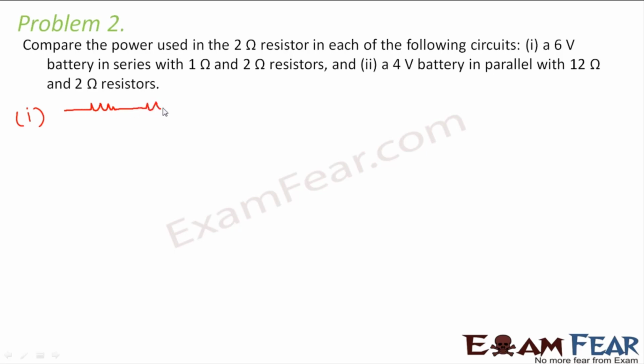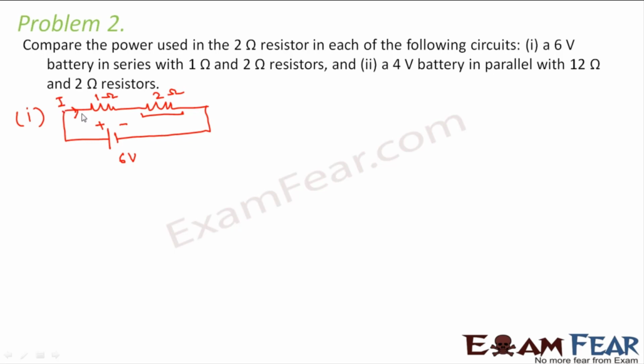So you have 2 resistors, 1 ohm and 2 ohms, and they are connected with a battery of 6 volts. So we have to compare the power used in the 2 ohm resistor. So we have to calculate the power across this resistor. Now let us first look at how will the current flow in this circuit?